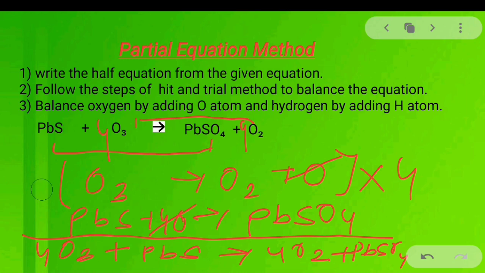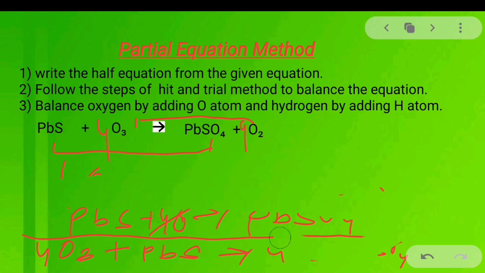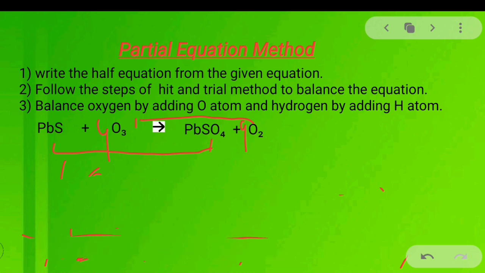Now, let us see whether the atoms present in the LHS side are equal to the atoms present in RHS side or not. LHS side, the Pb is equal to 1, oxygen atom is equal to 12 and sulfur is equal to 1.